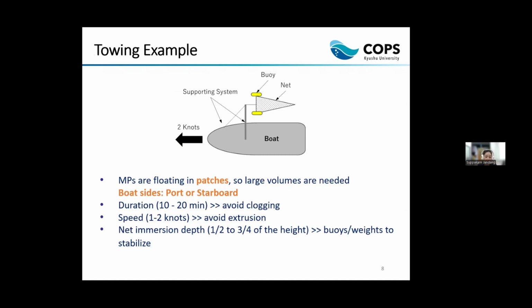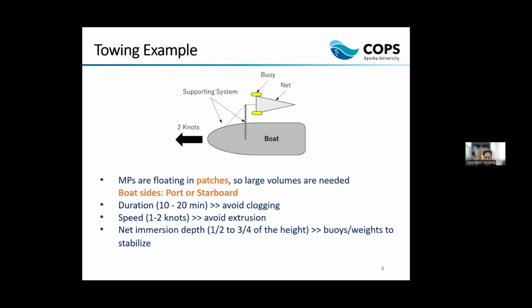Okay. First, you have to understand the behavior of the microplastic. If you cannot imagine, I suggest you think about the Pacific gyre. Some of the microplastic behave like that. Their behavior is just like that as well because they are floating as a patch.